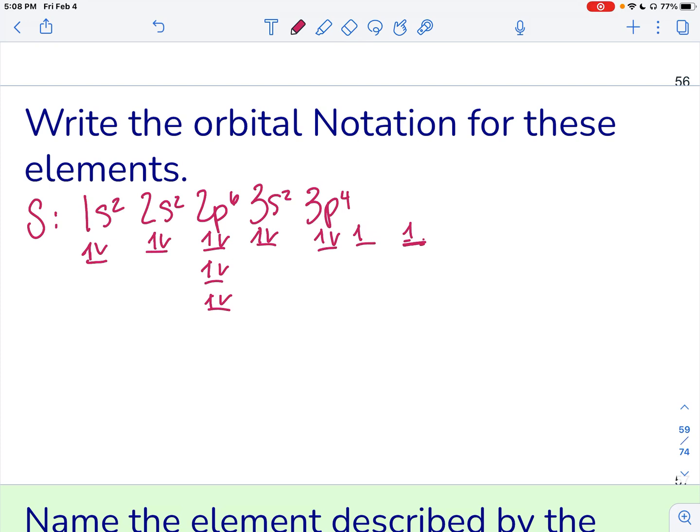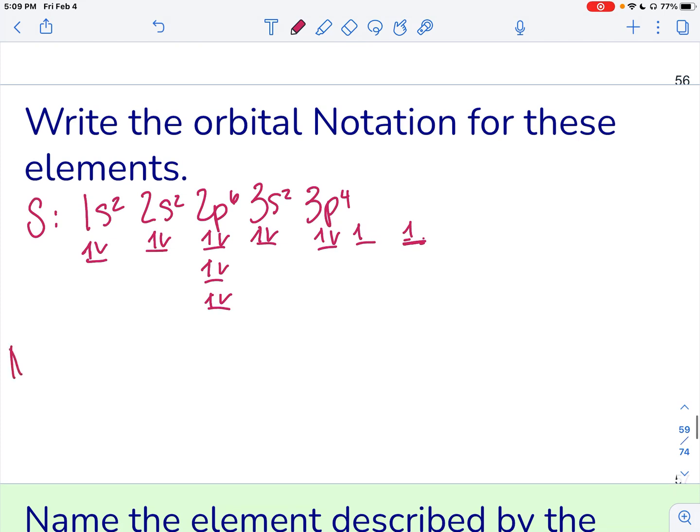And that's going to be an important thing that we do in AP as well, because some of the questions you might be asked are how many unpaired electrons are there in blank. And then you need to do out the orbital diagram to figure that out. And if you do it incorrectly, you might think there are none in sulfur, but that's not true. There are 2.